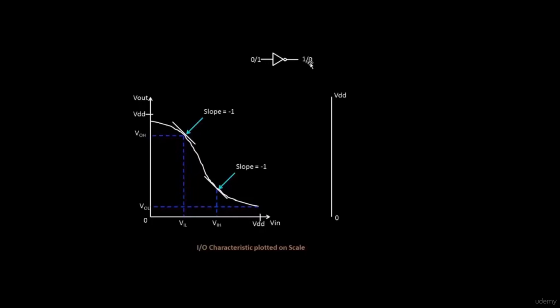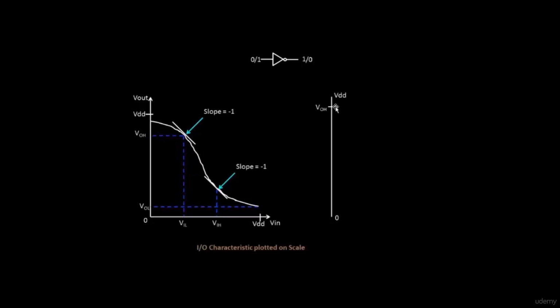Okay, so this particular inverter will be connected to some logic, and the output high voltage present over here should be greater than VIH, so that the next stage will detect that voltage level as logic 1, because any input voltage greater than VIH will be detected as logic 1. So VOH will be greater than VIH, which makes it very close to VDD. Okay, so let's plot VOH first.